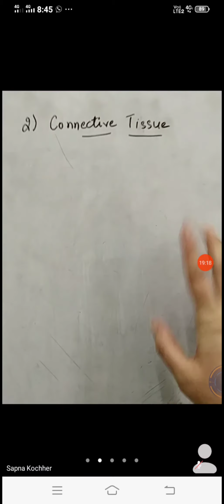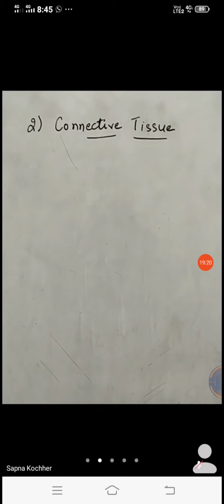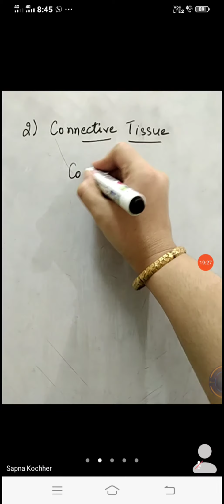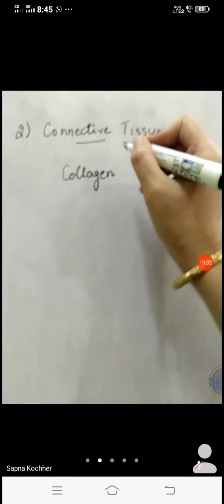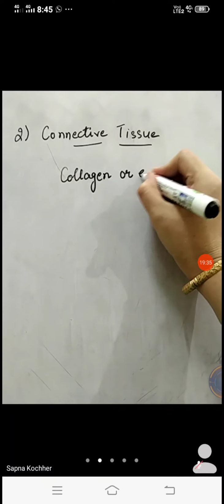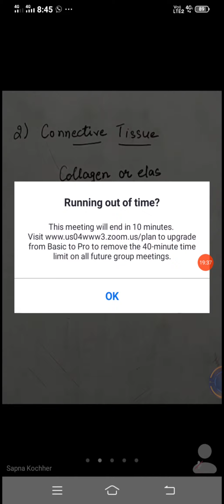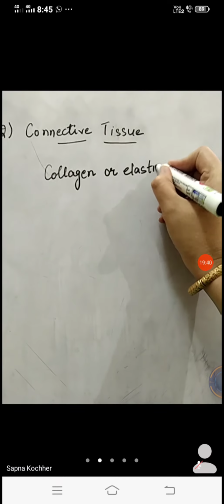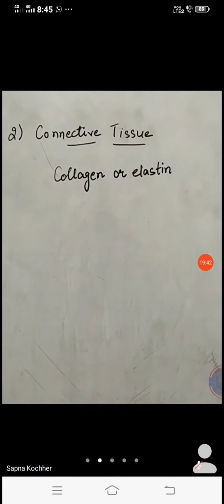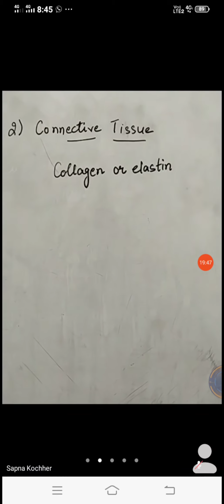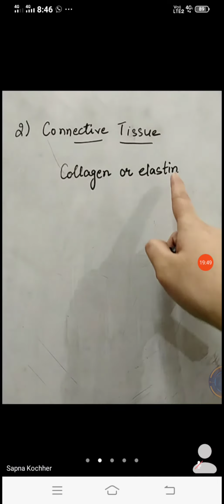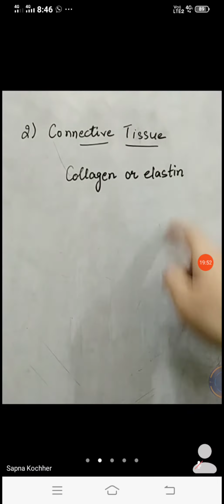In these tissues, except one, that is except the blood, there is the secretion of special fibers made up of a protein. Actually, just one type of protein, that is collagen, or it is also termed elastin. So except the blood tissue, which is a category of connective tissue, all the other types of tissues you will study here contain elastin or collagen proteins.